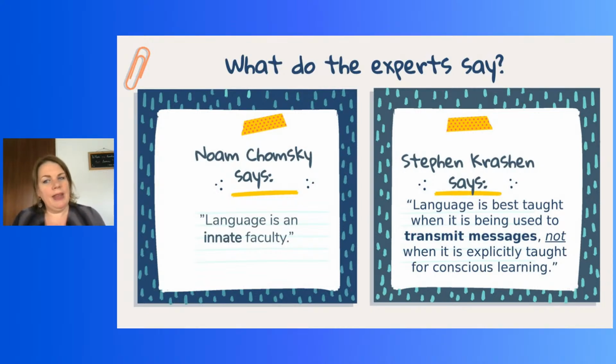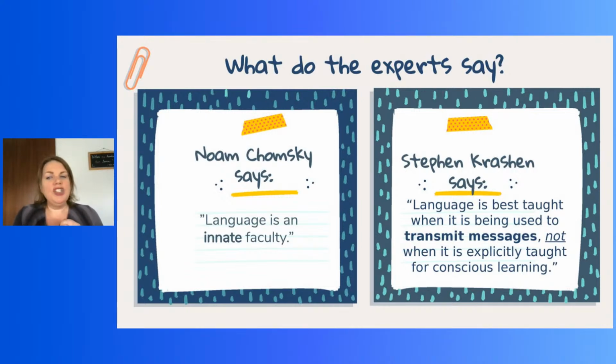What does he mean by this? He means that all humans are born with the capacity to acquire and use language, right? Stephen Krashen adds to this and says language is best taught when it is being used to transmit messages, not when it is explicitly taught for conscious learning. What does he mean by this?